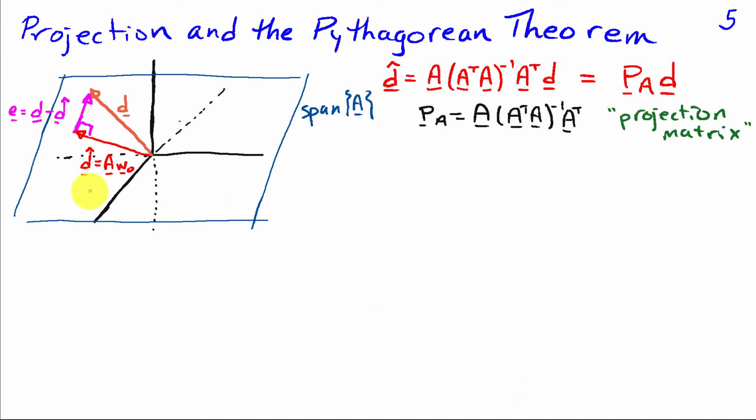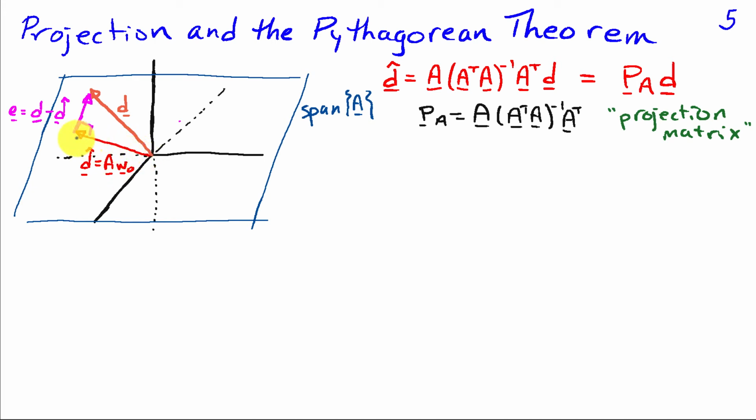Recall that the span of the columns of A defines a plane through the origin, and when we're trying to minimize the squared error, what we're doing is taking some vector d and finding the closest vector in the plane to d. So in this drawing I've shown d hat, which is A times our w at the optimum.